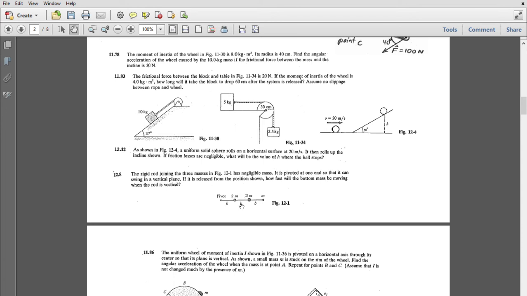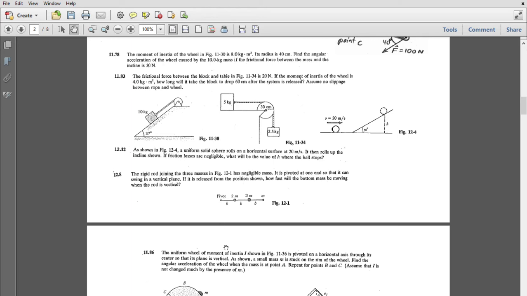So in this case, we would have 2m times b squared plus 3m times (2b) squared plus m times (3b) squared. We would add that all up, and we'll get some multiple of m times b squared. It's hard to know what it is, but that would be the moment of inertia of this object with respect to the point it's pivoted about. Then we're going to say initial is release from rest up here.